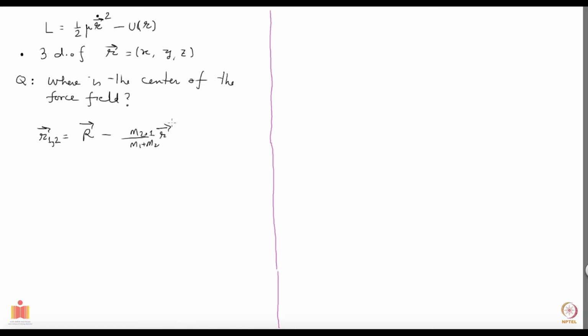So clearly if you put small r to be 0, R1 and R2 both become capital R. So that is the location of the center of mass.